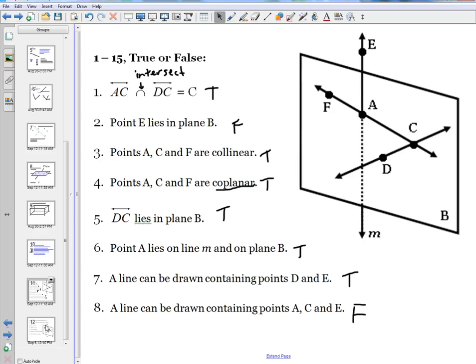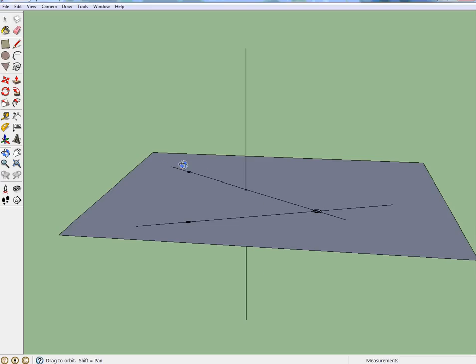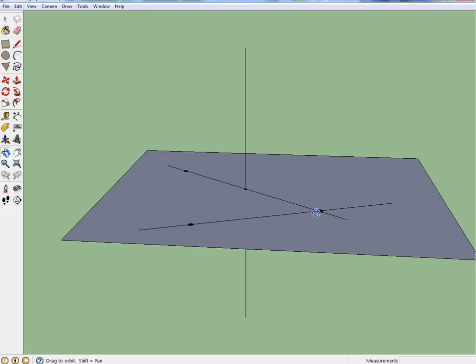All right, there's a couple more questions. Number 9, every line contained in plane B would intersect line CF. So let's look at our picture here. This is CF right here. And every line in this gray shape, would it intersect this line? So if I drew a line this way, would it intersect?